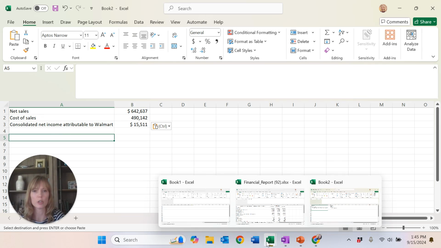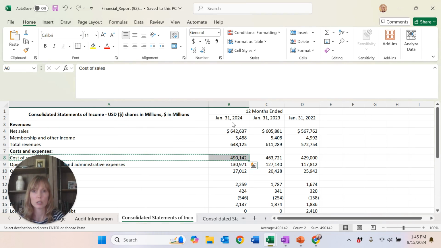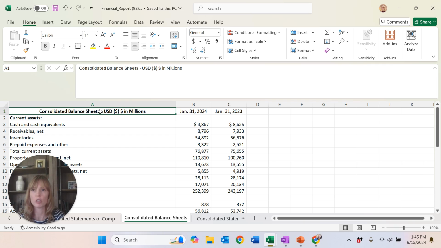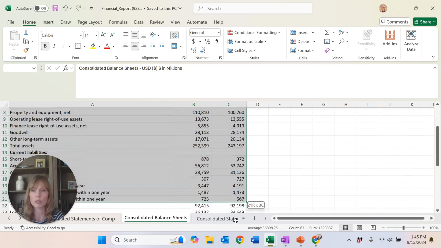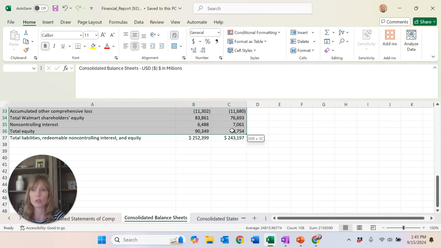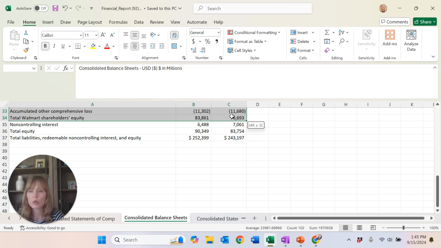Okay, and then I need to go to the balance sheet. Put the date in here. Now to the balance sheet, and I want both years for the balance sheet. We'll see why shortly. I'm going to copy all the way down to total Walmart stockholders' equity.